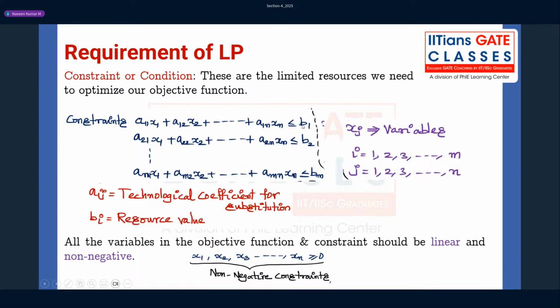And b1, b2, b3 are your resource variables, or the cap on your resources, restrictions on your resources. These things are called constraints. In the same way, we have non-negativity, that is, all the decision variables should be greater than or equal to zero. So all the variables in the objective function and constraints should be linear and non-negative.